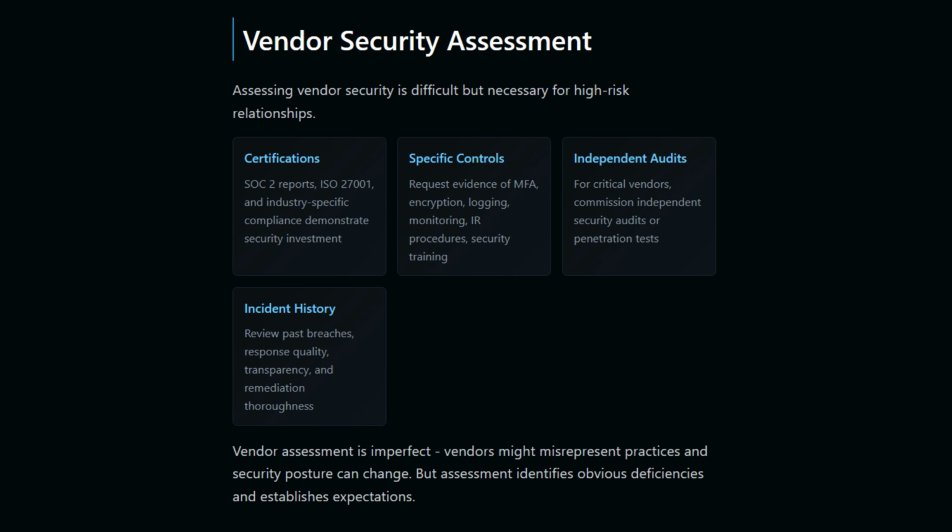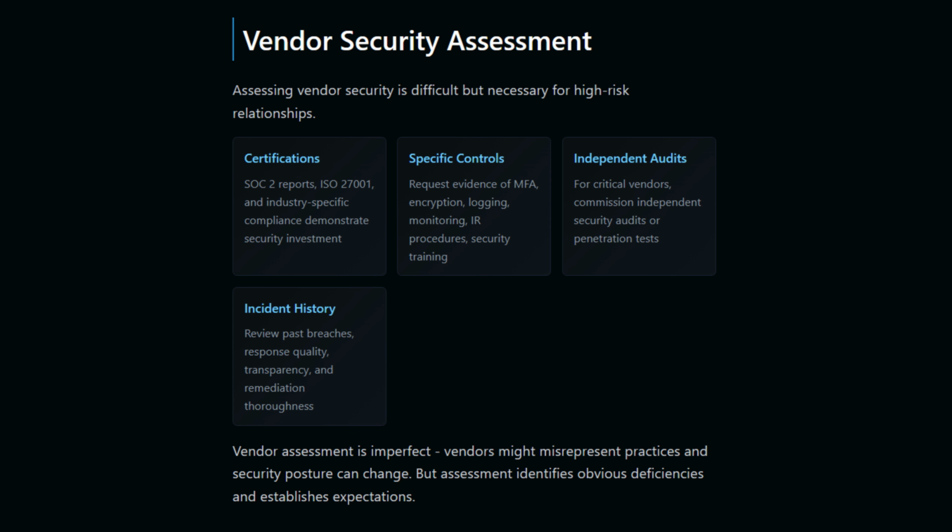Assessing vendor security is difficult but necessary for high-risk relationships. Review security questionnaires and certifications. Request evidence of specific security controls like multi-factor authentication, encryption practices, logging, monitoring, incident response, and security training. For critical vendors, consider commissioning independent security audits or penetration tests to get deeper assurance than self-reported questionnaires.